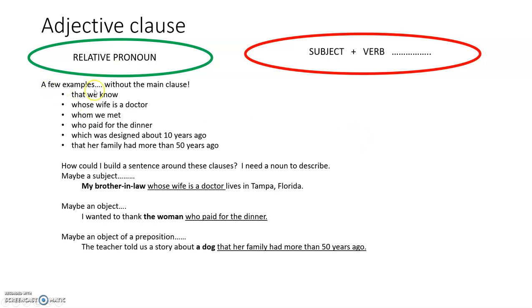So first I have a few examples of adjective clauses without the main clause. It's just an adjective clause. There's no sentence here. So remember, usually there's a relative pronoun first. So I have some different ones here: that, whose, whom, who, which, and then that again.